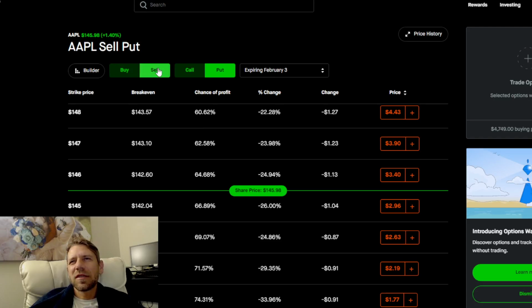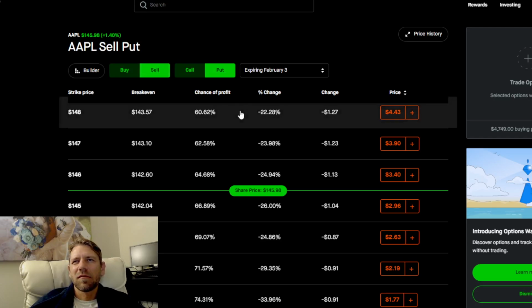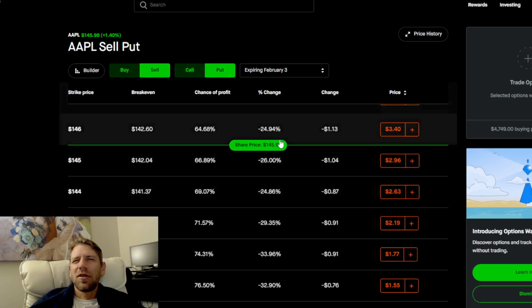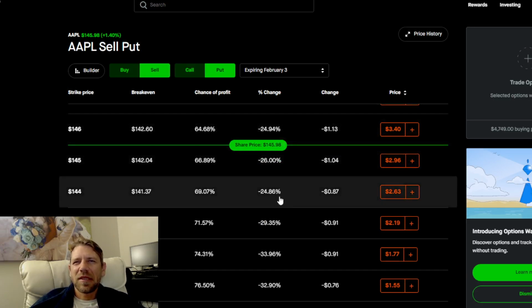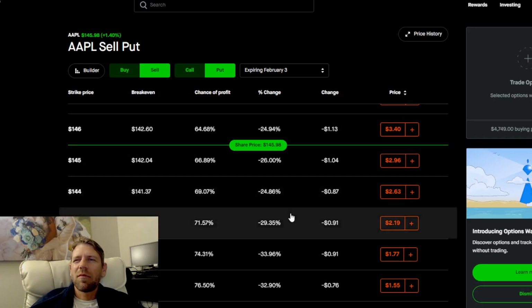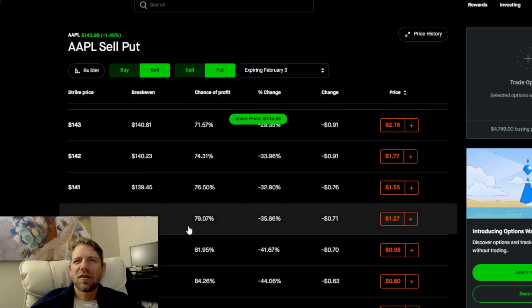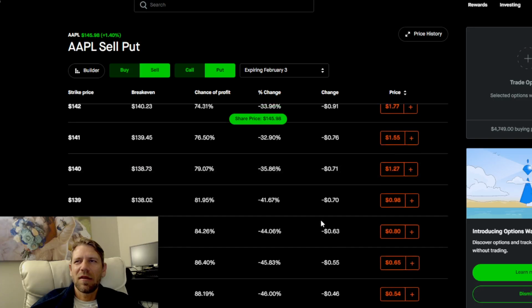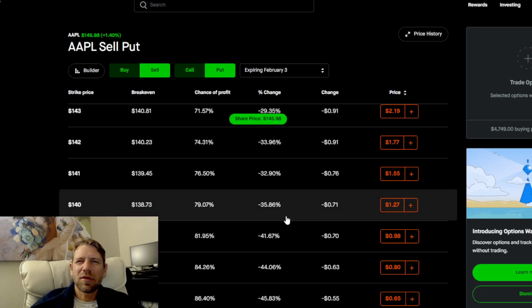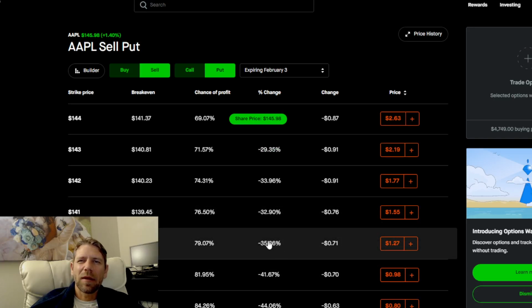The only difference here is when you sell a put, you are basically promising that you are buying this stock at a certain level or below if it reaches it. Okay? So you're still trying to guess the level of the water in the lake, but in a different way.